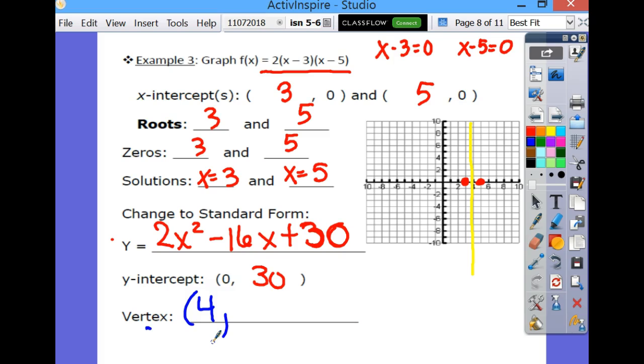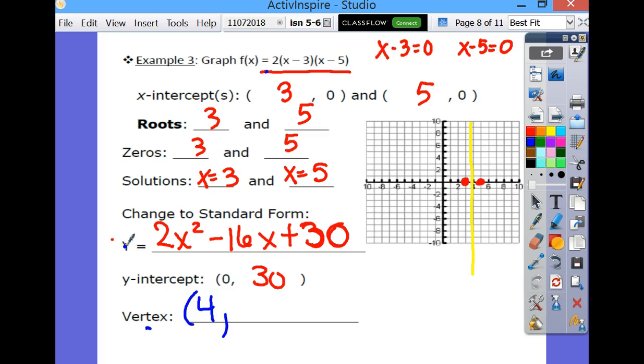Just like when you use the minus b over 2a, you got the first part of the vertex. How do you get the second part of the vertex? When you have the minus b over 2a number, how do you get the second part of the vertex? Plug it in. Now, you can plug it into this or that. You will get the same answer. Most of the time, what I've seen today is people using that have been making sign mistakes.